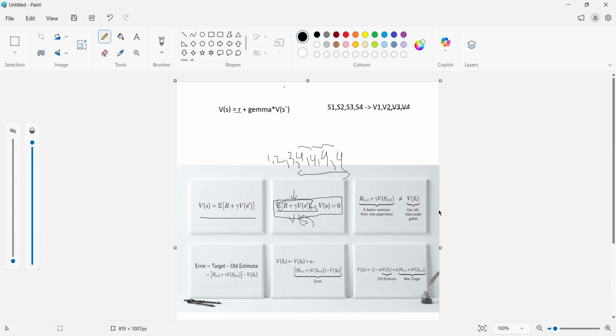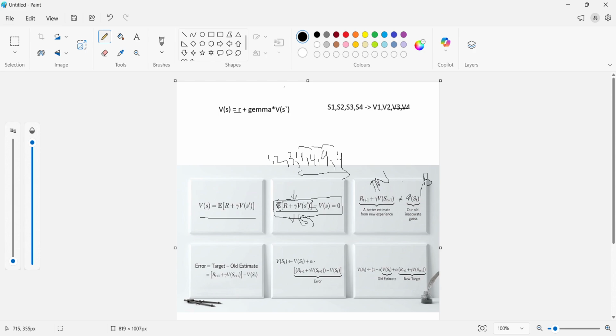So if I am trying to find a value for v of s, but it is different than what it was before, so this is the before value of v of s, and this represents the new value of v of s, and the difference of them is not equal to 0, then that means that this v of s can be improved.